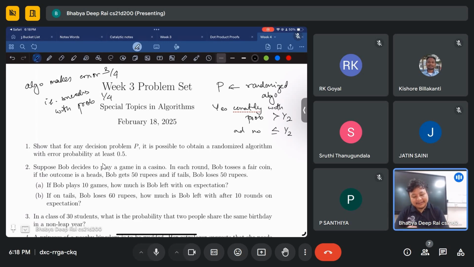Or rather, look at the statement of the question. Show that for any decision problem P, it is possible to obtain a randomized algorithm with error probability at most 0.5. This is a fundamental question that I want to address before moving on to anything.